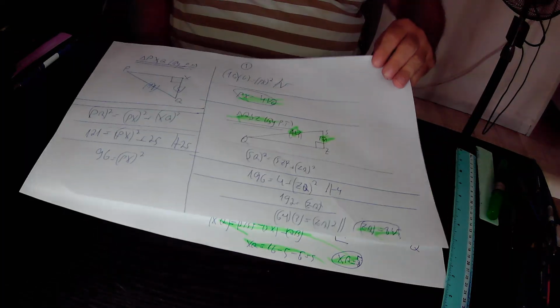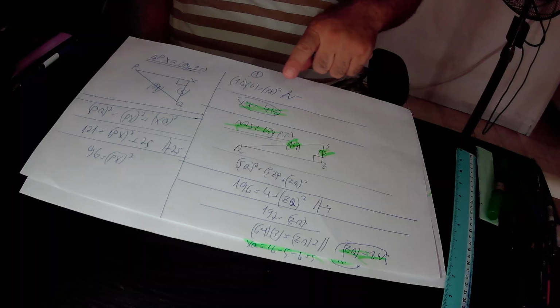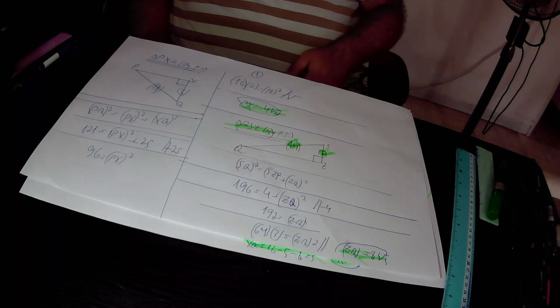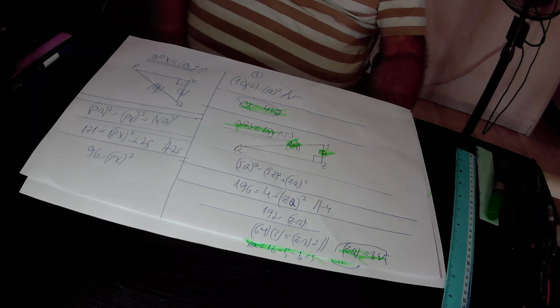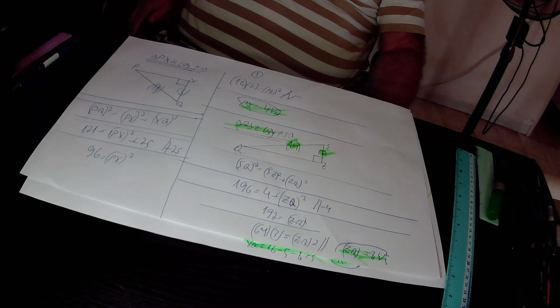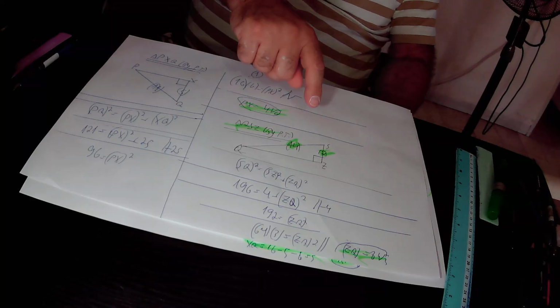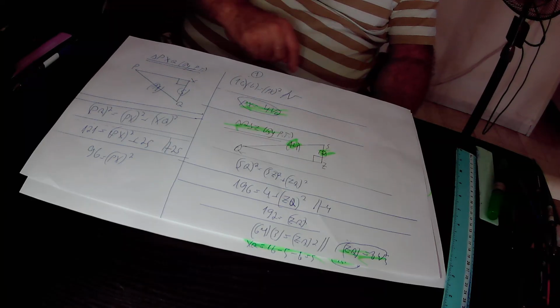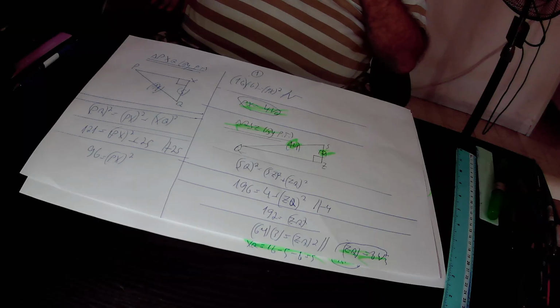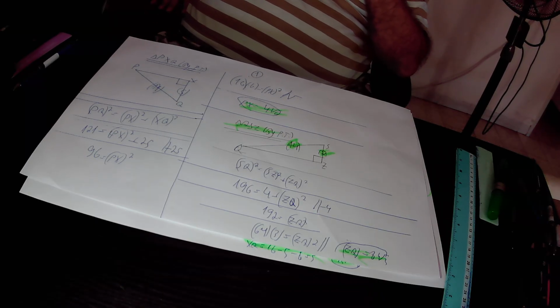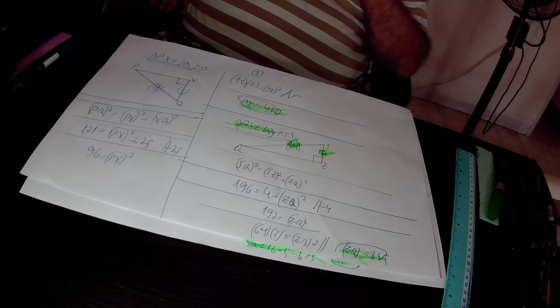According to the Pythagoras theorem, in this right triangle QSZ, QS square, that is the square of the hypotenuse, equals SZ square plus QZ square. QS is 14, therefore QS square is 14 square, that is 196, and it equals SZ square. SZ is 2, therefore SZ square is 2 square, that is 4, plus QZ square. QZ is the missing side, so we leave it as it is.